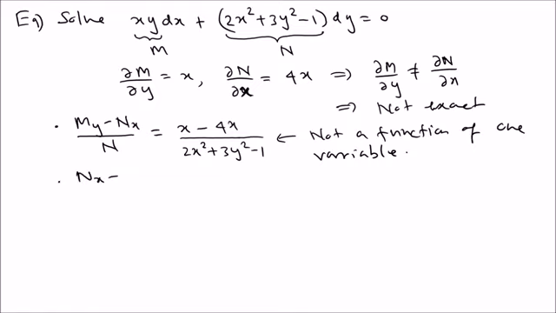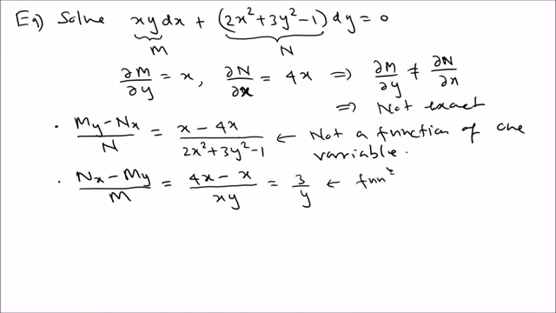So (Nx minus My) over M. If you do that, you're going to get Nx, that is 4x, minus My, that is x, divided by M. Now M is xy. So if you cancel x, it's going to be 3x over xy, which is 3 over y. So you can see that this is a function of y only. That means we can find the integrating factor.